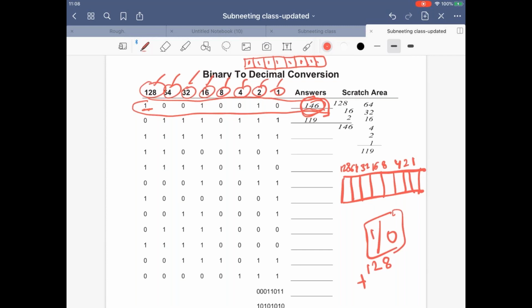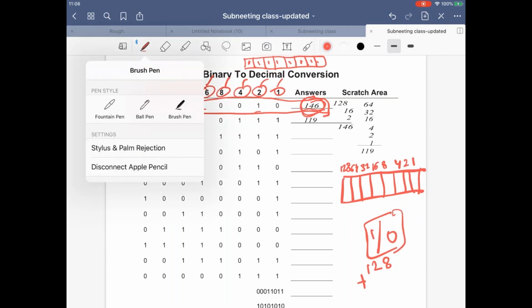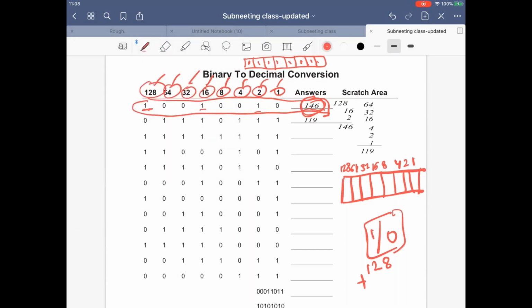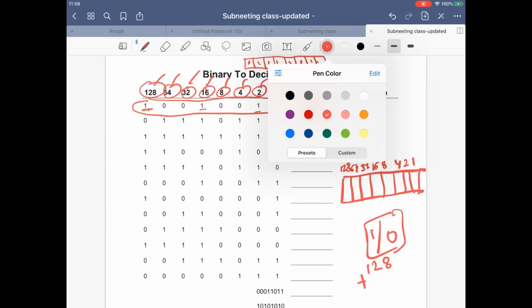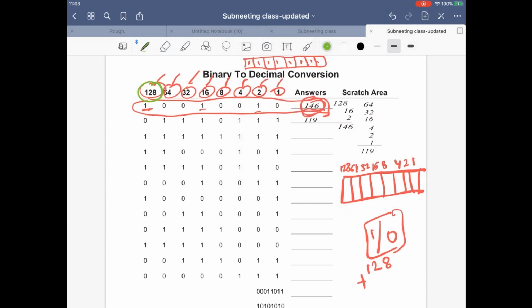If you count 128 plus 16 plus 2, you will get 146.